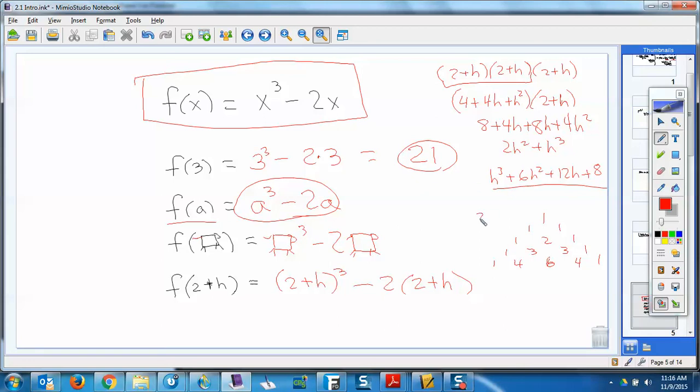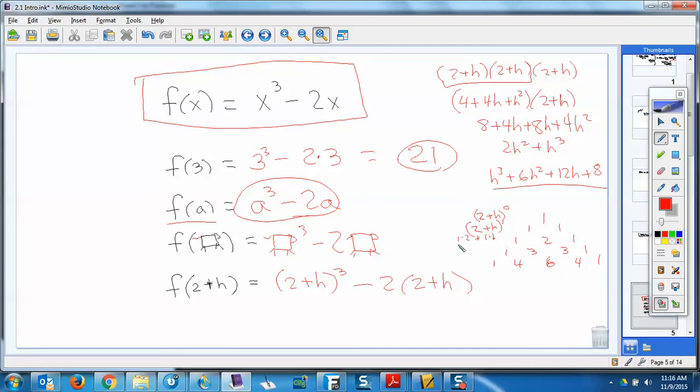And so if you look at this, the top row is 2 plus h to the 0, which is 1. The next one is the coefficients on 2 plus h to the first. That is, it would be 1 times 2 and 1 times h. And sure enough, the 1 and the 1. Okay?